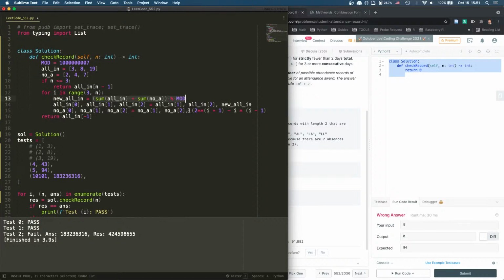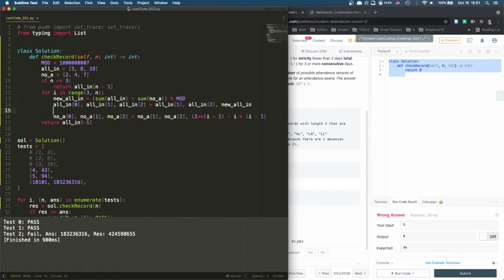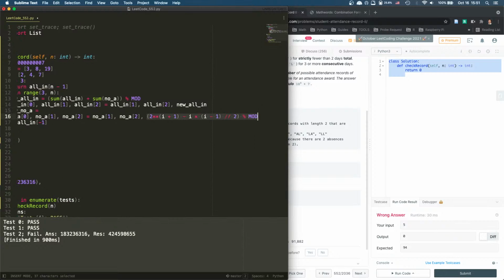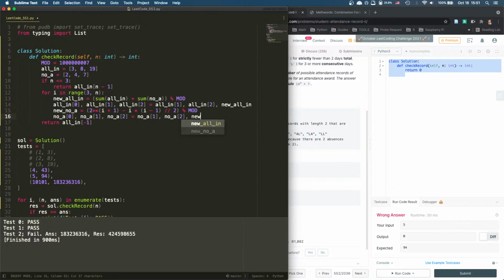Look at this time difference. Yeah. Mod no A equals this. And then this is mod no A. Ah. Alright, we have issue. We have issue.